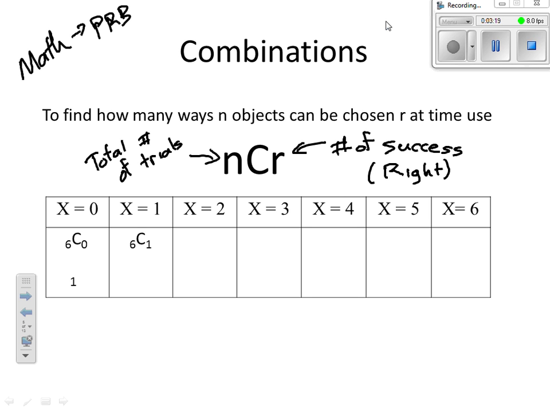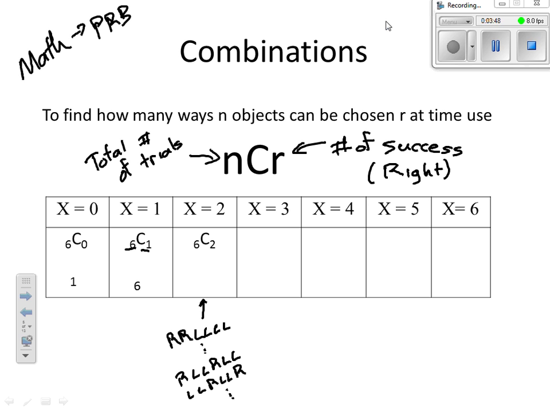Out of 6 bounces, how many different ways can we get 1 right turn? We can actually list those by hand. It's not that bad. But when we got to 2, out of 6 pegs, 2 of them are right. So right, right, left, left, left, left; right, left, left, right, left, left; left, left, left, left, right, right.